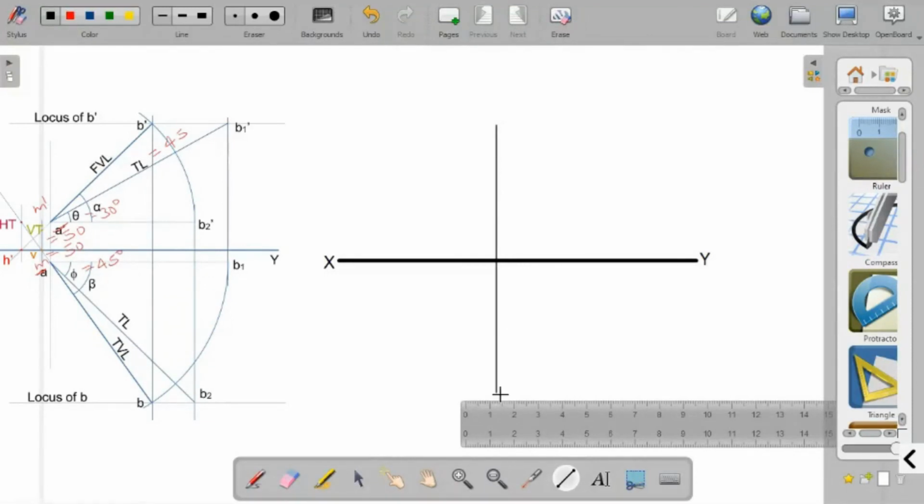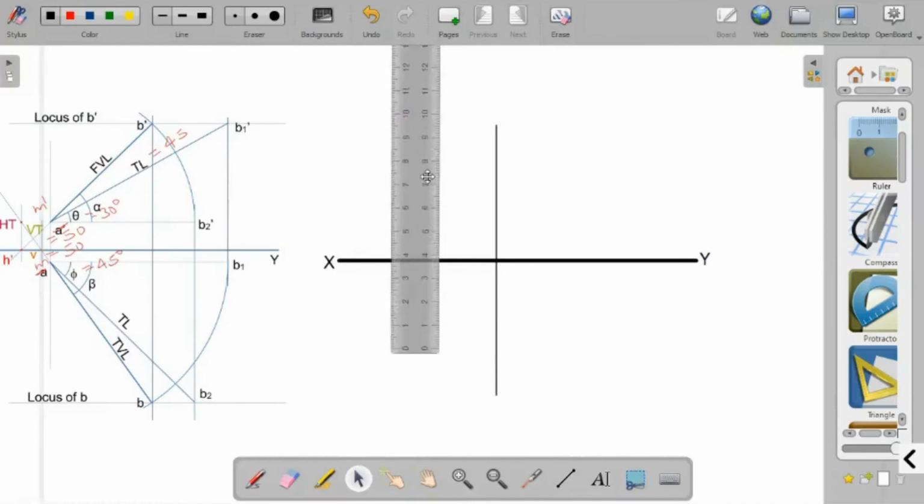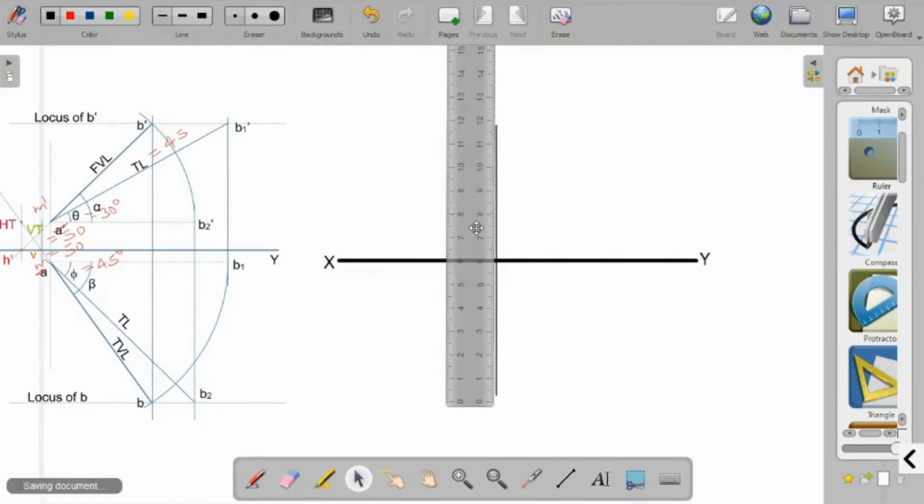And now on this line you have to find 50 millimeters on both sides. So starting from 60, 50 is here, here.